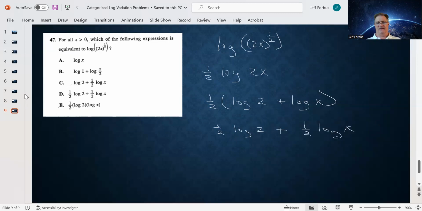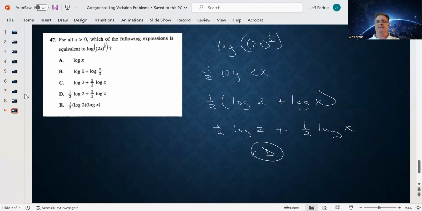Now we simplified that thing into that, and we get answer choice D, as in dog. Now, you know, logarithms sometimes look mean and nasty, but they really aren't. You just got to know how to simplify them. And if you know the simplification rules, then you can apply them here.